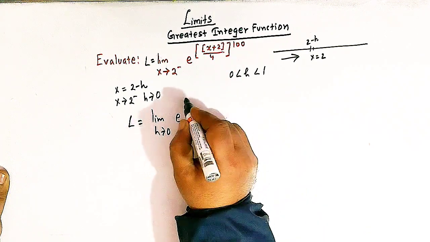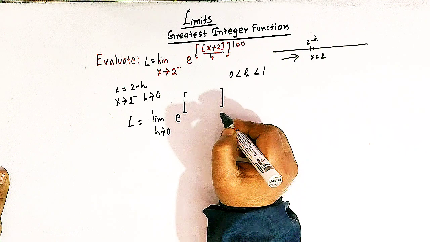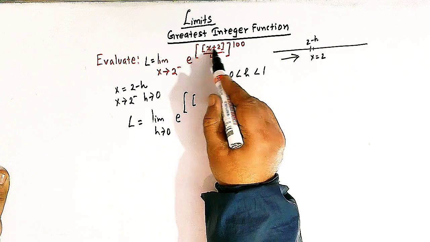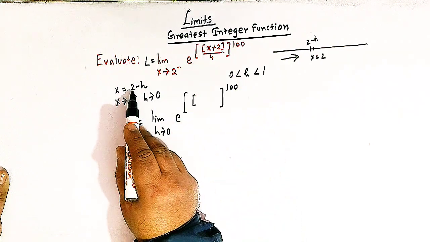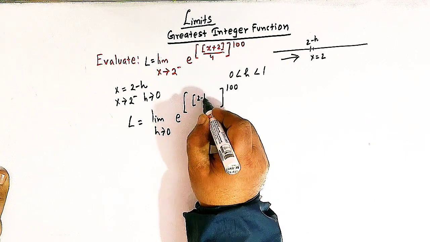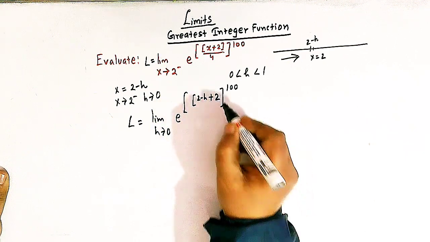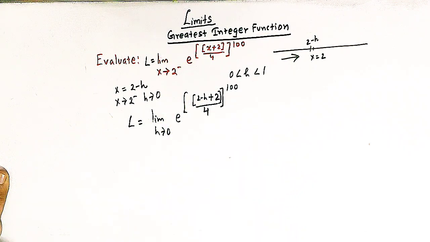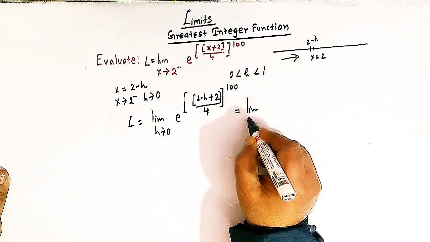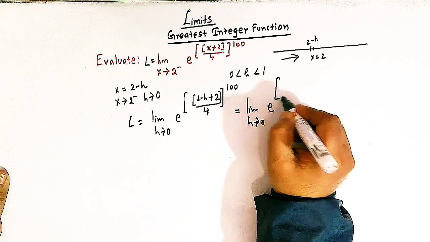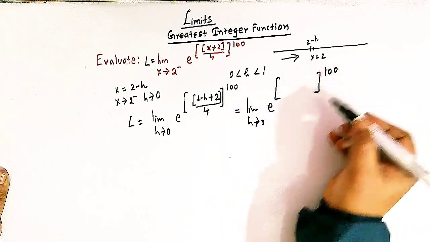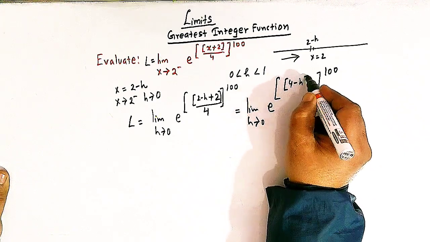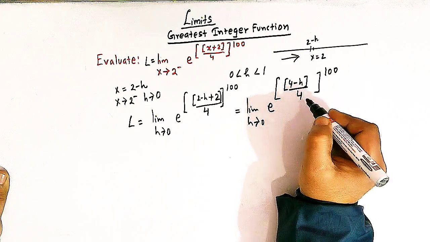So we have e raised to the greatest integer raised to 100, and x can be taken as 2 minus h. So we have 2 minus h plus 2, and then 4. Now we can write limit h tends to 0 e raised to greatest integer of 100... this is 2 plus 2, 4, so we have greatest integer of 4 minus h divided by 4.